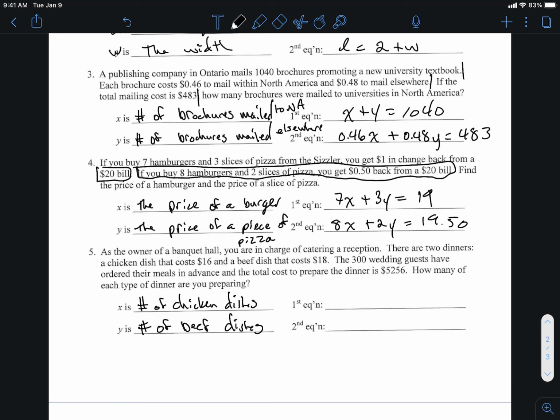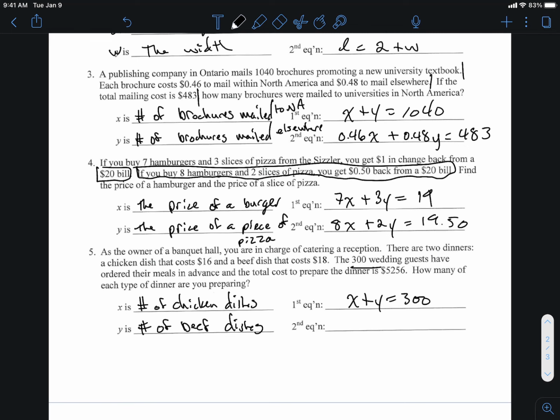You know that 300 wedding guests have showed up. So X plus Y, you know the number of dishes. We're assuming everybody's eating dinner. X plus Y is equal to 300. Okay? And then your second equation is the total amount of money.